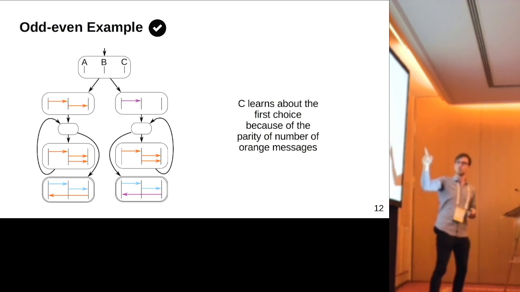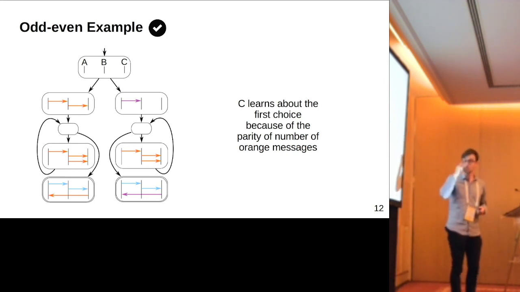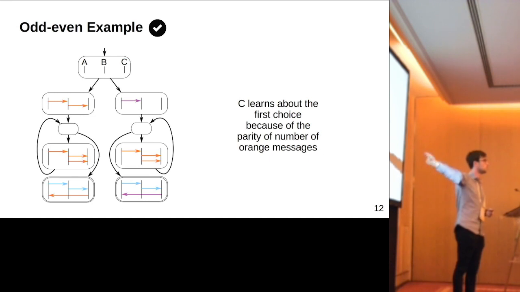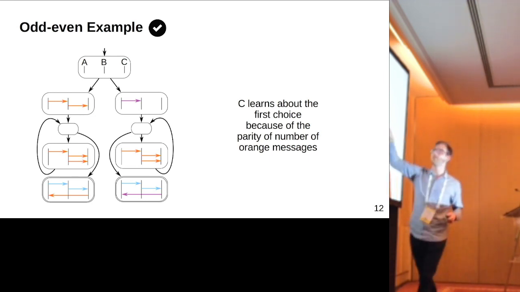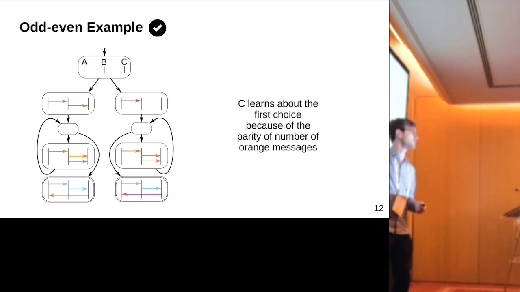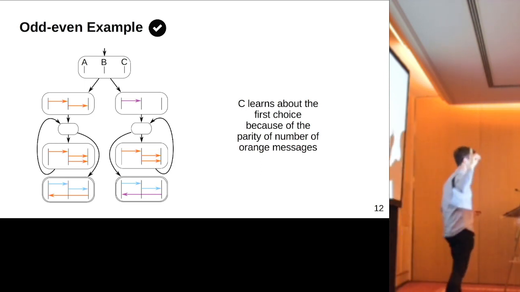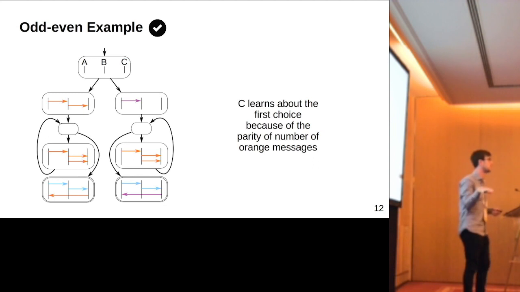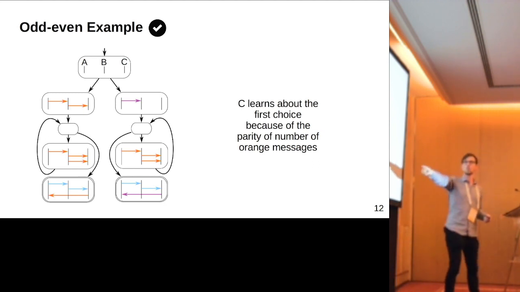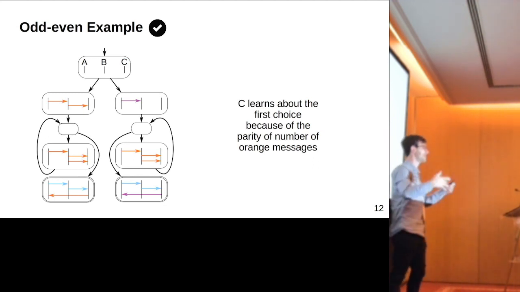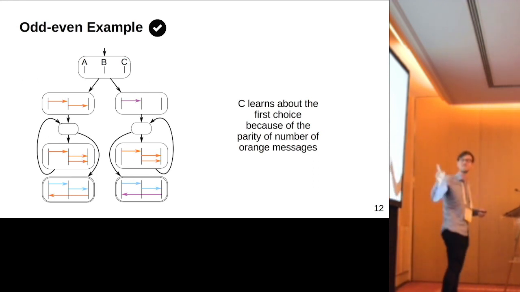Later on, in this loop, C receives two orange messages from B all the time. The difference here is in the first two blocks. Here, C receives one orange message, while in the right part, it does not receive any orange message. So at the end, once the blue messages arrive, which just indicate we're done with the protocol execution, C should know which branch to take.